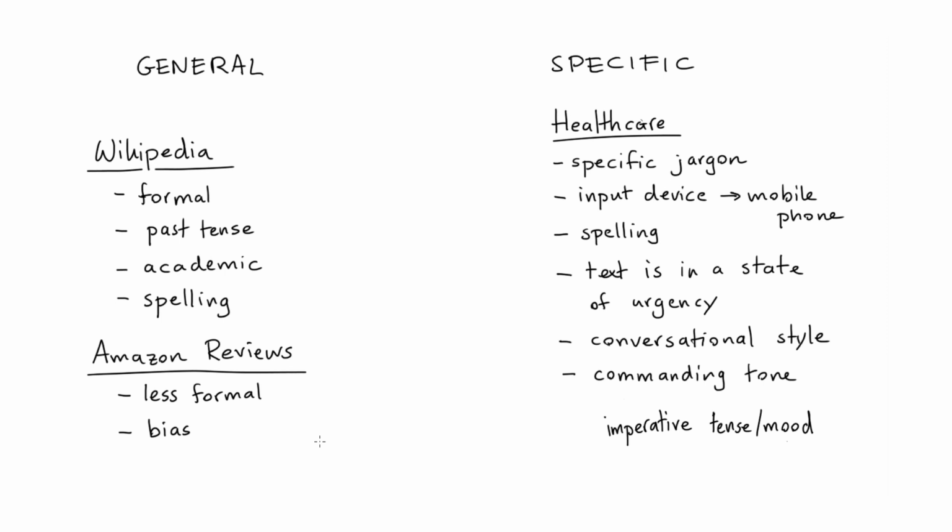So also here you can wonder, well, there might be some lessons learned from the Amazon reviews dataset, and there might be some lessons learned from the Wikipedia dataset that might be useful to our specific use case, but we should remain critical and perhaps ask ourselves the question: do the lessons learned while training general embeddings really apply to our specific use case?